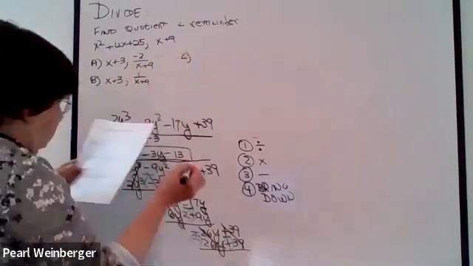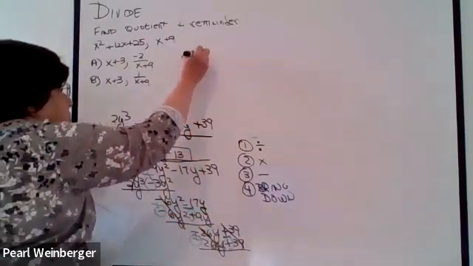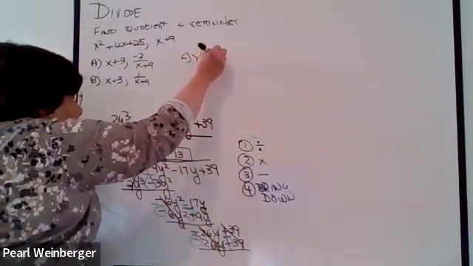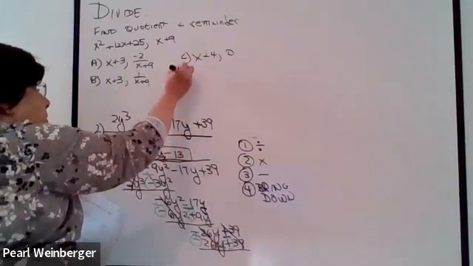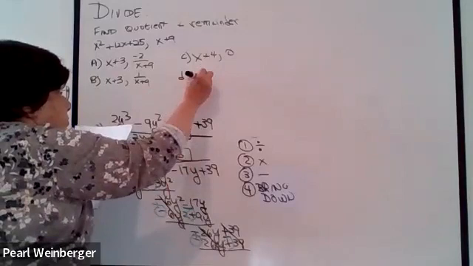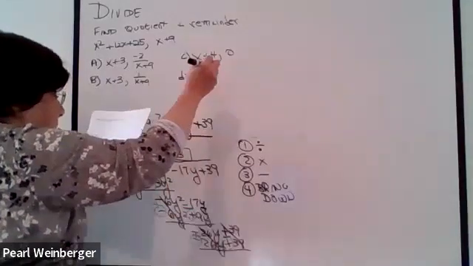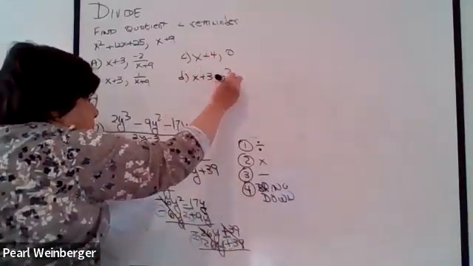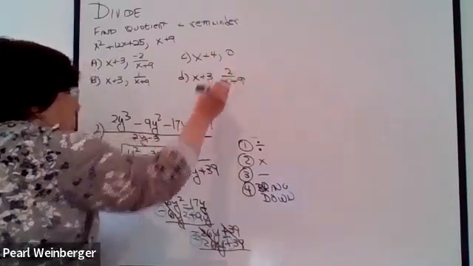C is x plus 4, with a remainder of 0. And D, x plus 3 and 2 over x plus 9 as your remainder.